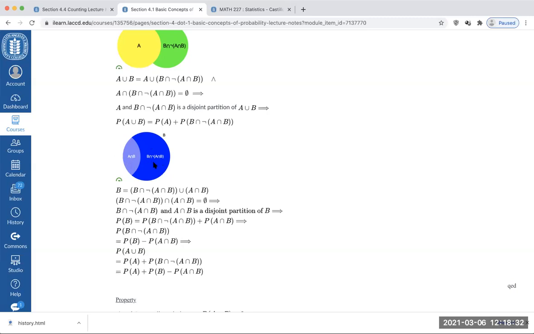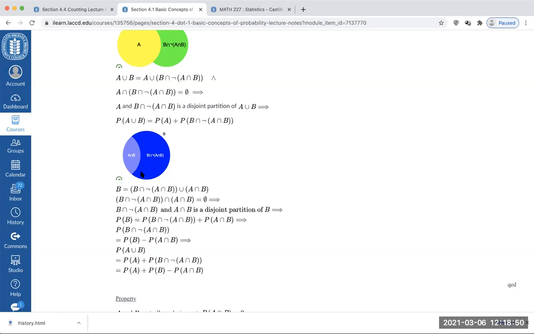And so that's a partition, and it's disjoint because B intersect not A intersect B, intersected with A intersect B, is the empty set. So there's no overlap between these two sets. Therefore, B intersect not A intersect B and A intersect B form a disjoint partition of the set B.